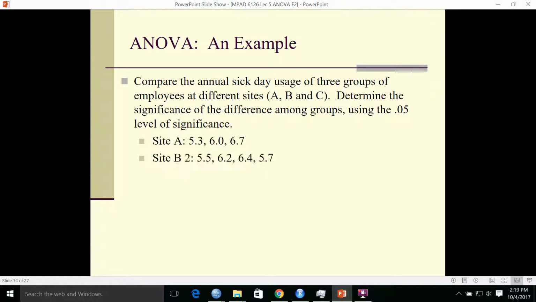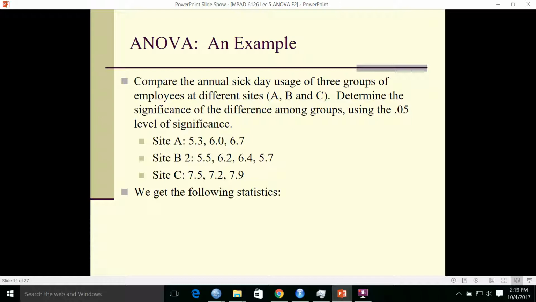So to do a little example here, we have annual sick days at 3 different sites. So think of this as the city of Charlotte and 3 different departments.